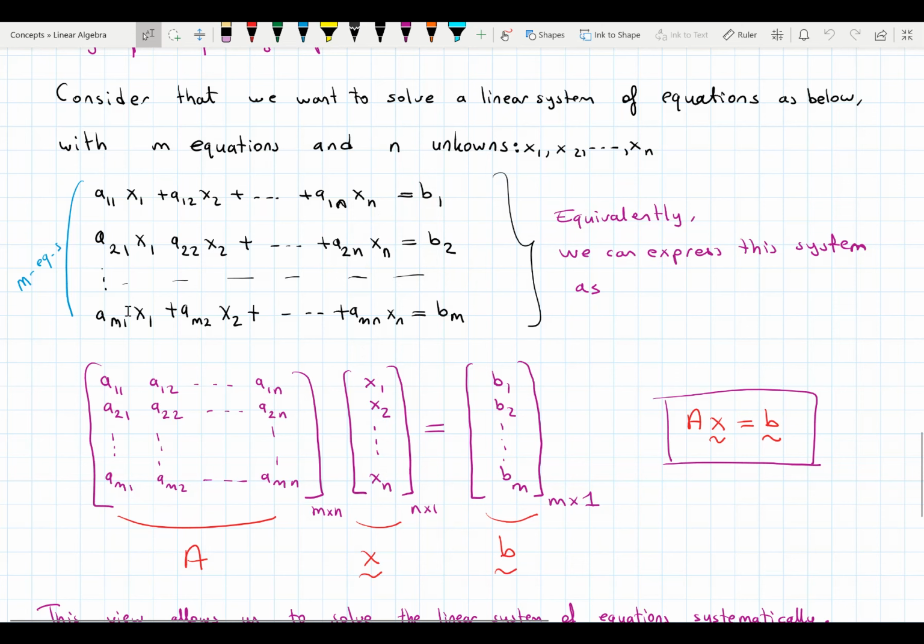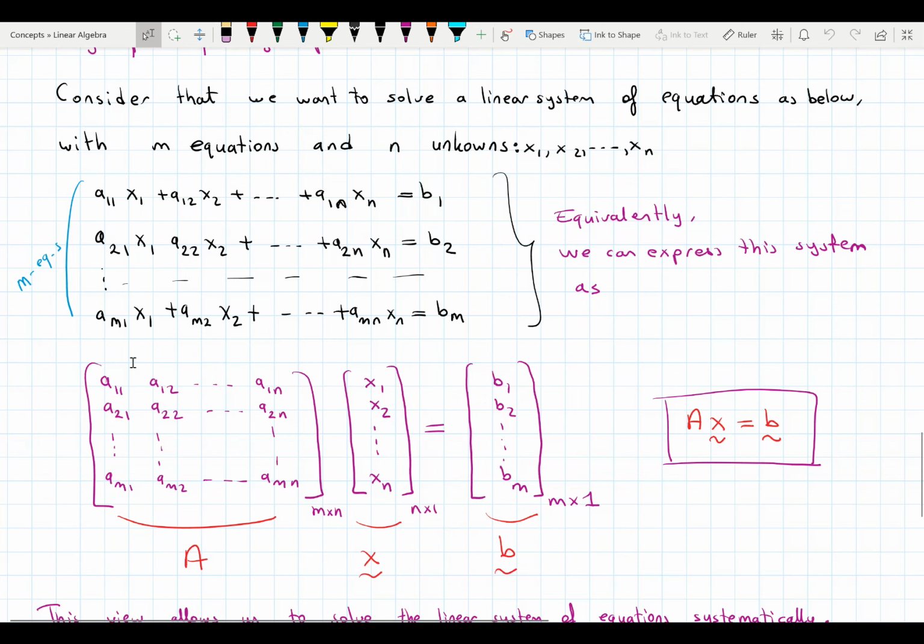So we have here m rows, n columns, and here we have n unknowns, x1, x2, xn. Since we are multiplying, we must get m rows, 1 column, which is the right-hand side of the equation. So this equation is equivalent to a matrix multiplication of this form.